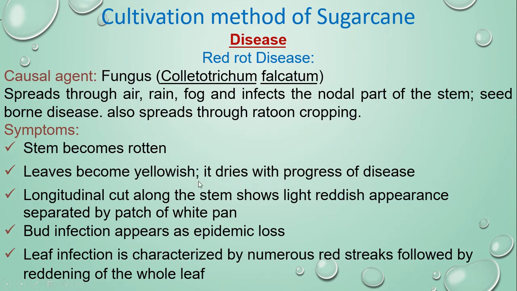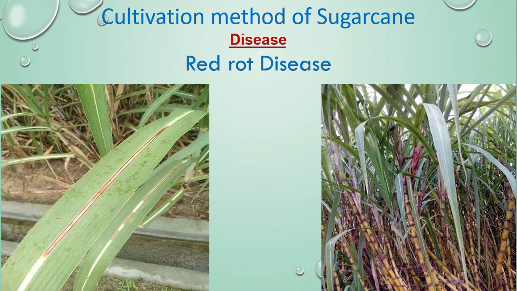The leaves become yellowish in color and dry randomly as the infected portion increases. At that time a longitudinal cut along the stem shows a light reddish appearance separated by patches of white, and bud infection appears as an epidemic loss. Even in the leaf, there are numerous reddish streaks followed by reddening of the whole leaf as well. So these are the main and most important symptoms of red rot disease.